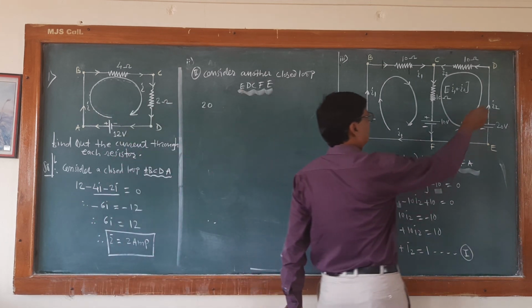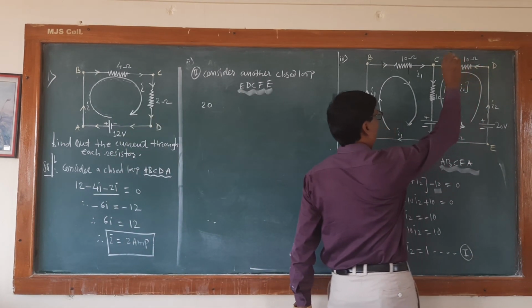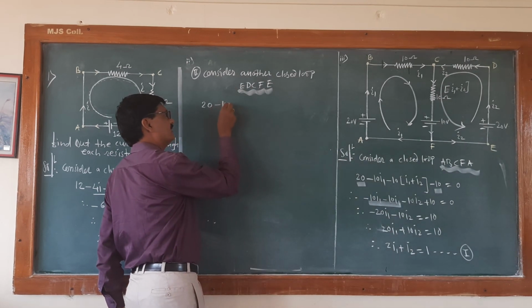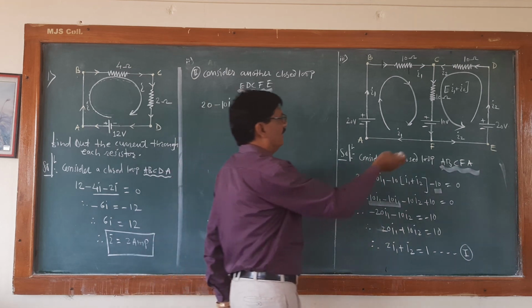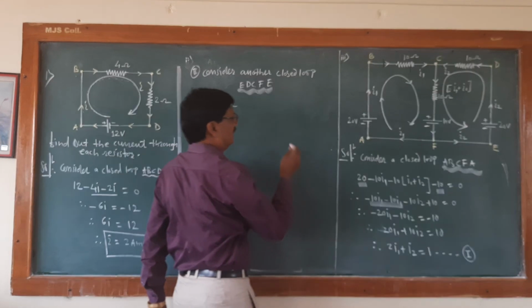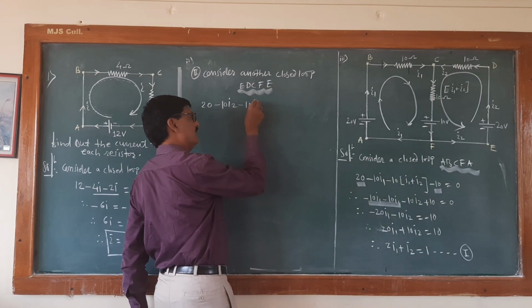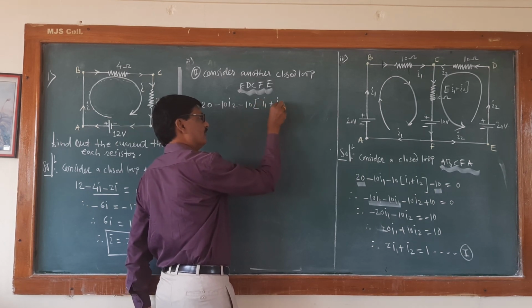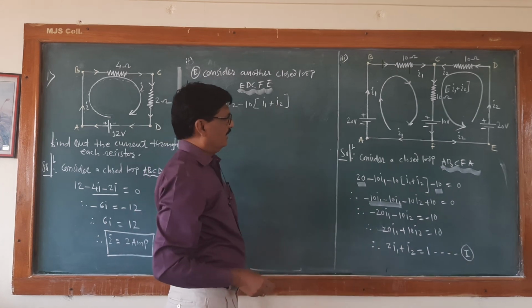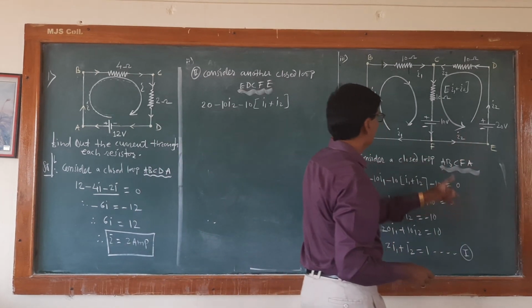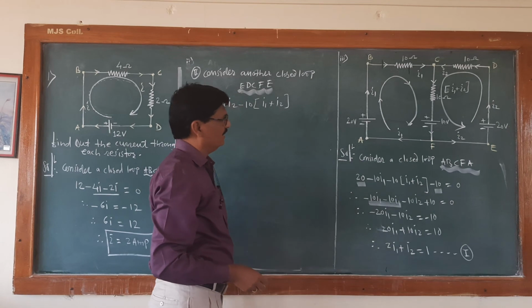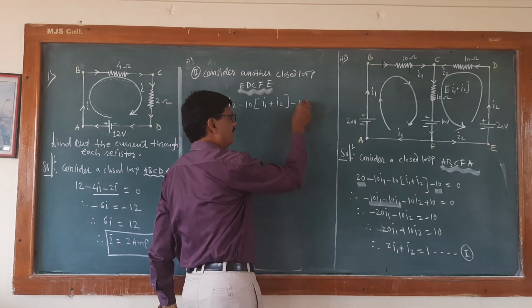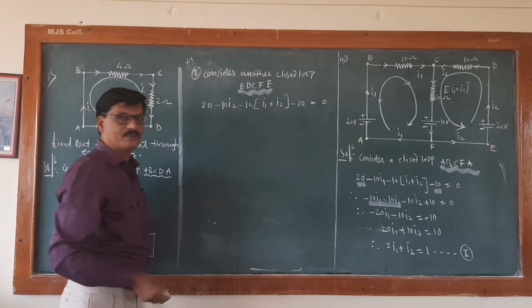Then if you traverse in this way, the potential difference taken in the direction of conventional current is negative, minus 10 times I2. Then if you go to this side, minus 10 times I1 plus I2, and EMF is negative if it travels from positive terminal to negative terminal. Therefore, minus 10, this is equal to 0.